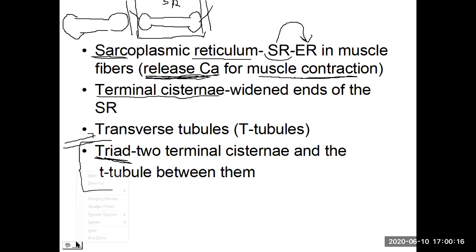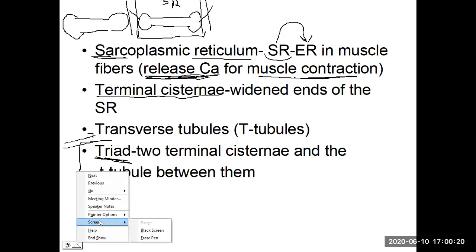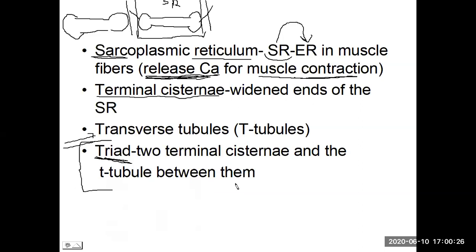A triad is the union of 2 adjacent terminal cisternae and the transverse tubule that's running between them. So we'll highlight that right here. That union of 3 parts, 2 terminal cisternae and a single transverse tubule, is known as a triad.